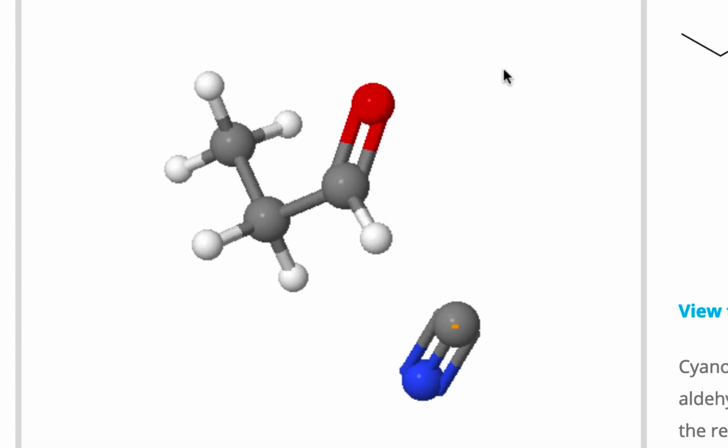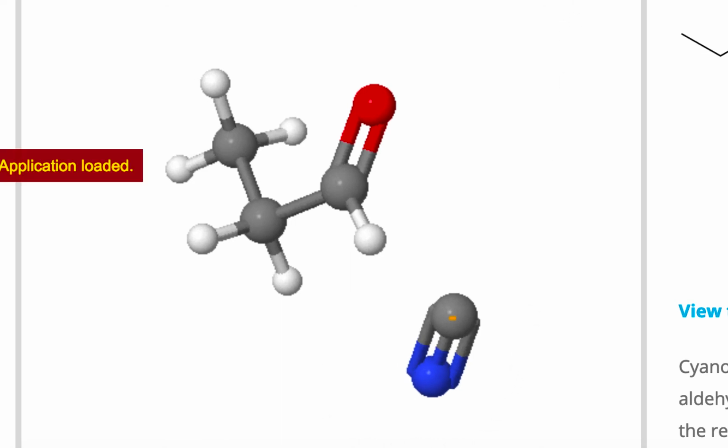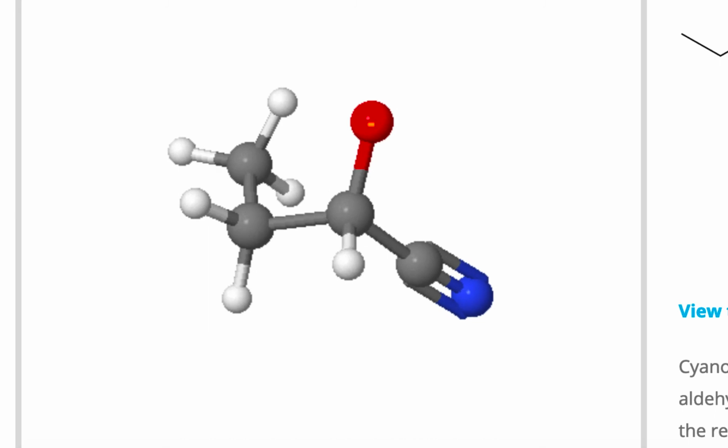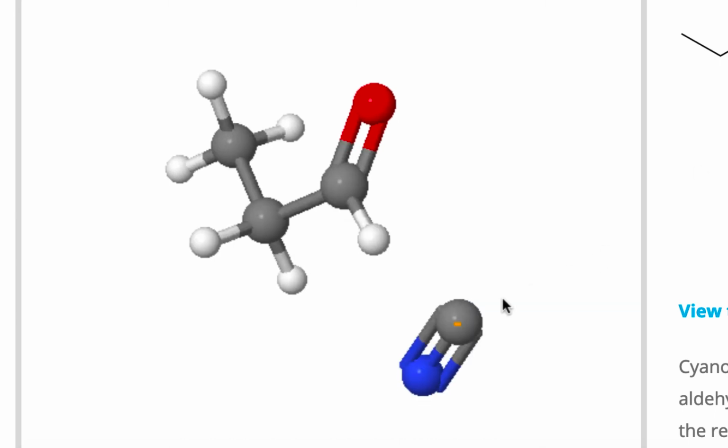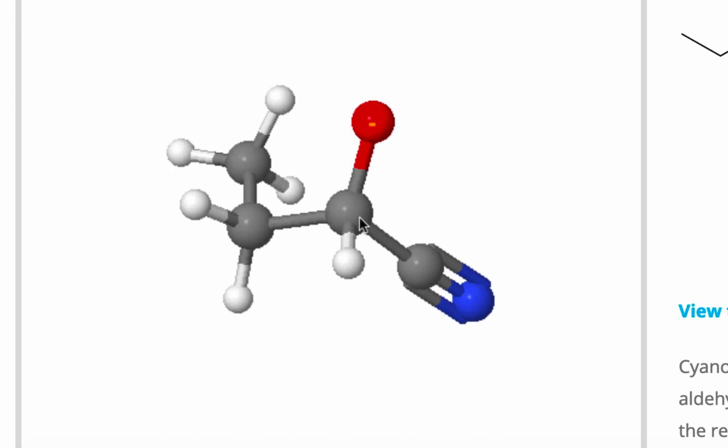So here's the first example where we have the aldehyde on the left here and the cyanide. The nitrogen is in blue, and the C end is going to attack the carbon that was double bonded to the oxygen. Let's look at that again. The carbon of the cyanide comes to form a carbon-carbon bond, and the electrons went up to the oxygen.